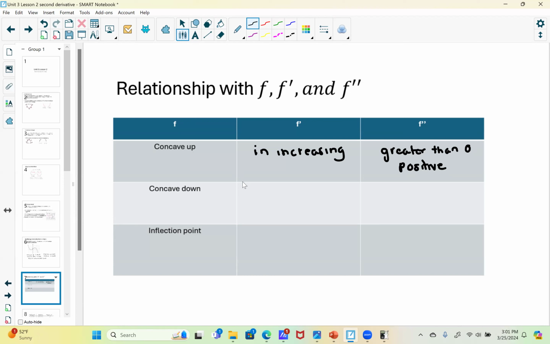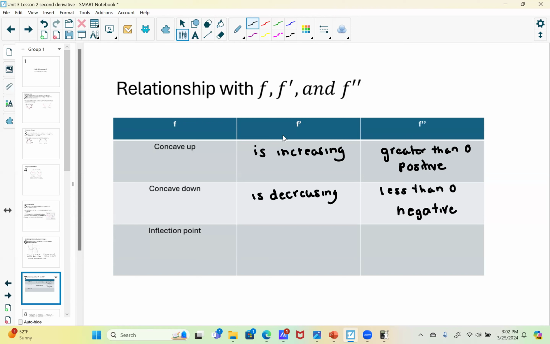If it's concave down, my derivative is decreasing. And my second derivative is less than 0. Okay, or we would say negative.